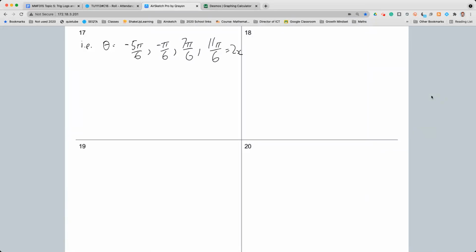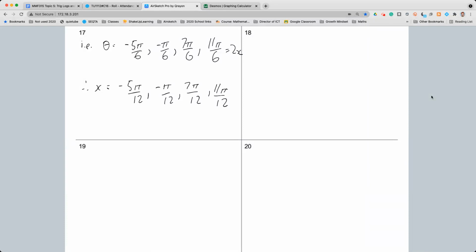And that's what 2x equals. So therefore x is, now we're just going to multiply everything by a half. So we've got minus 5 pi on 12, minus pi on 12, 7 pi on 12, and 11 pi on 12. And they're all of them.